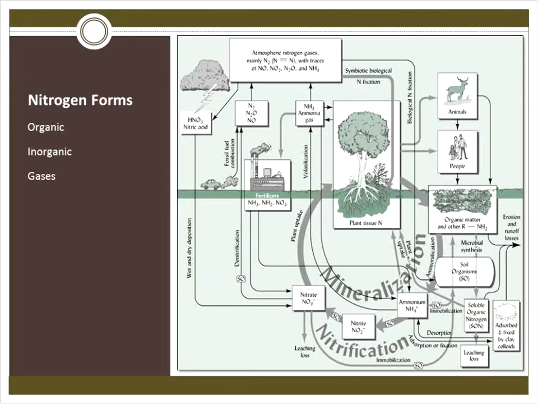These are very complex, so I'm not going to show you any of the structures. They get broken down through mineralization, and they release inorganic forms of nitrogen. And then the inorganic forms of nitrogen can also be transferred and transformed to gases.